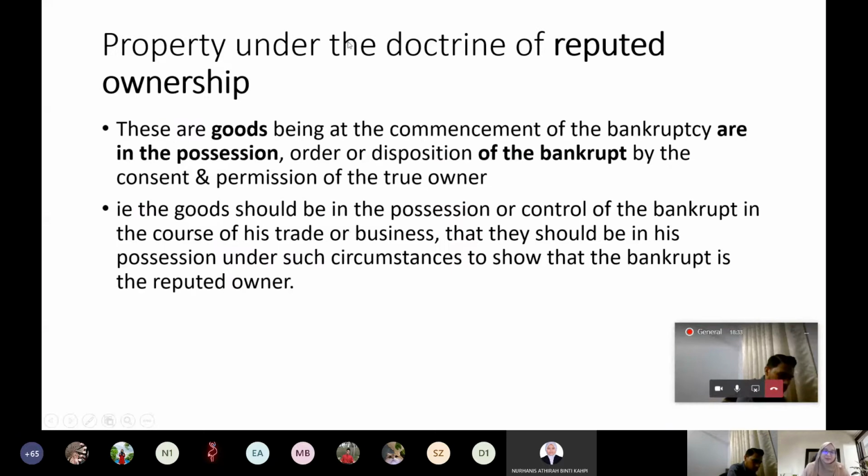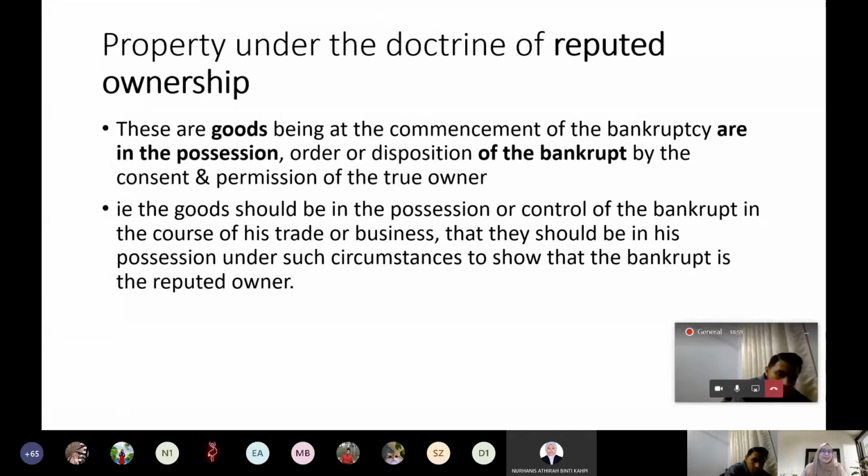It is part of the doctrine under the bankruptcy laws, the doctrine of reputed ownership. So these goods, being at the commencement of the bankruptcy proceeding, are in the possession, order or disposition of the bankrupt by the consent and permission of the true owner.